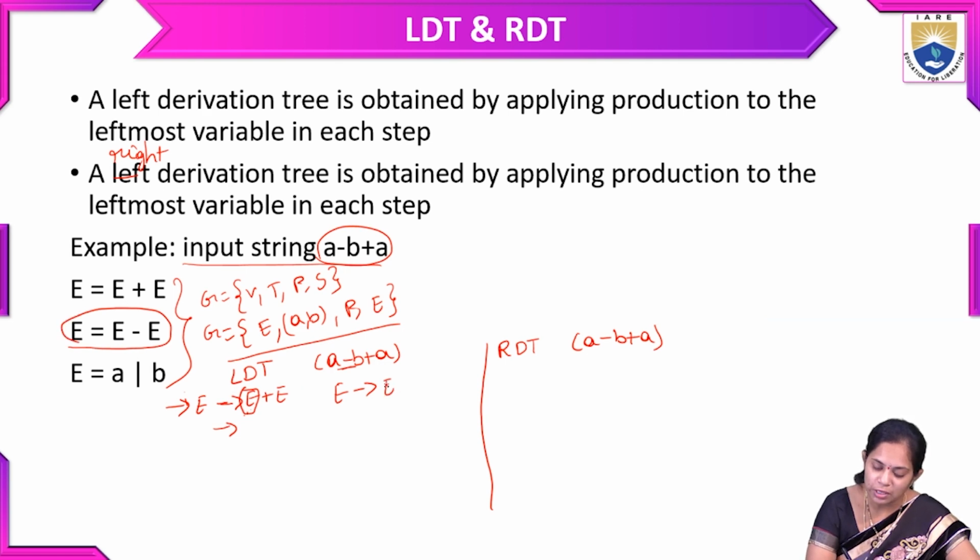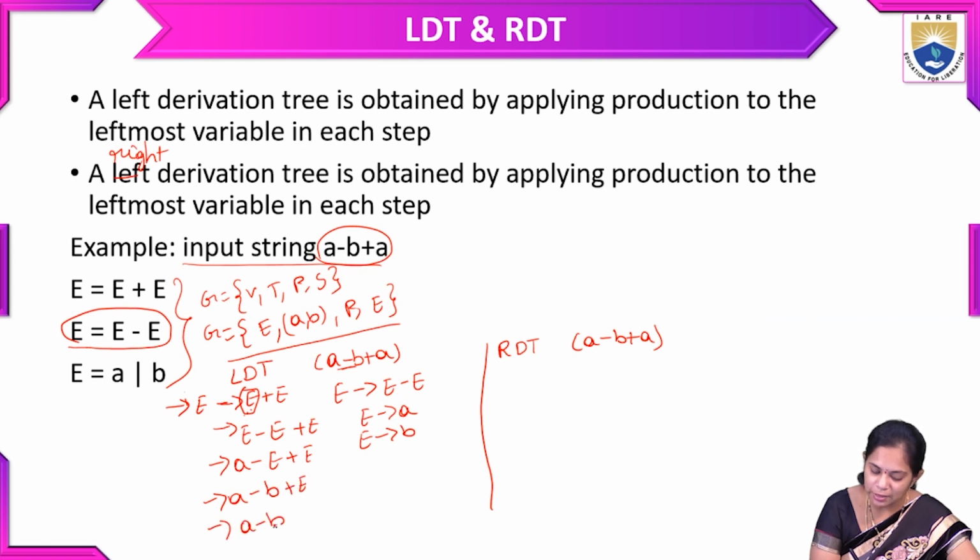We substitute that equation, so instead of this E we write E minus E plus E. After this, E tends to A and E tends to B. So E tends to A, we write, and next this B, and E tends to B plus E, and after that E tends to A minus B.